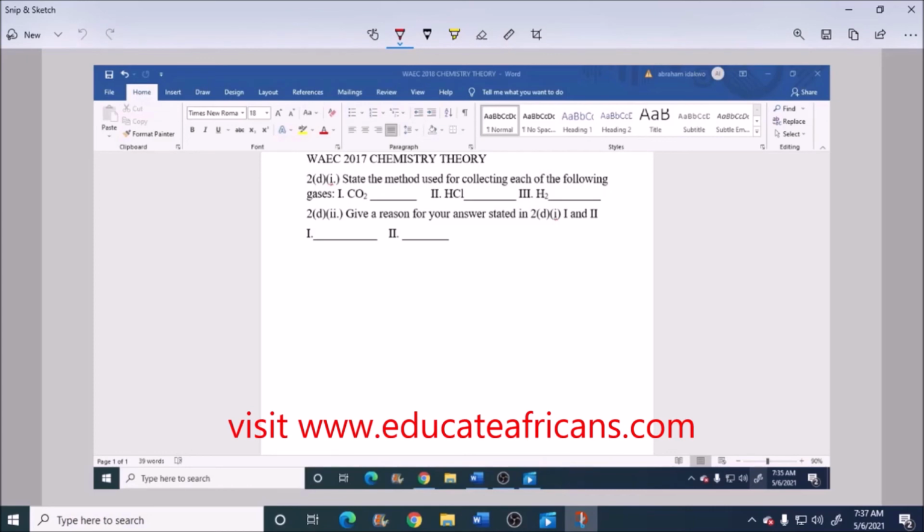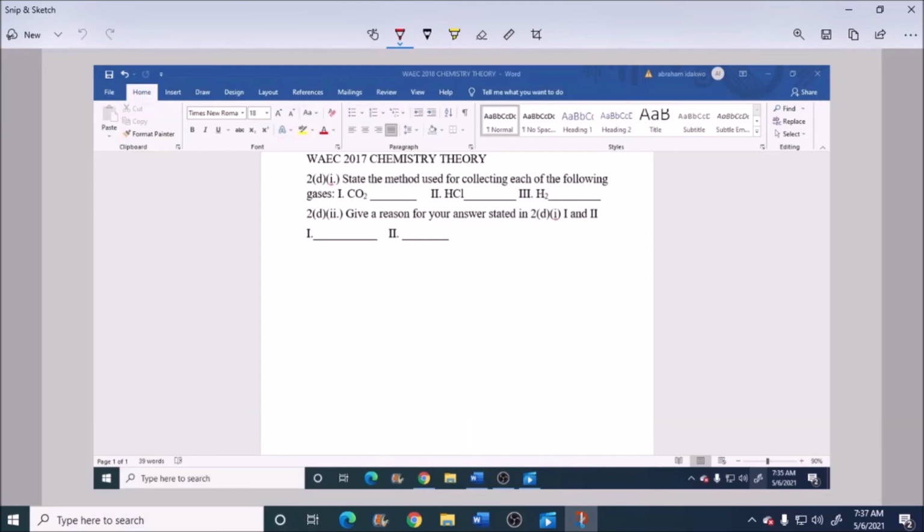Hydrogen chloride gas also is heavier or denser than air.